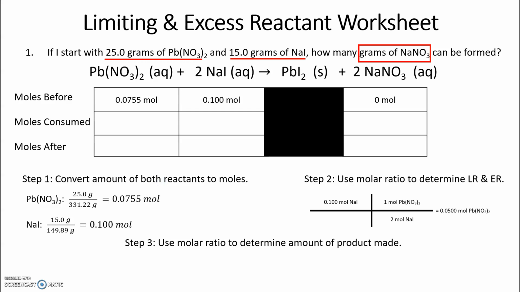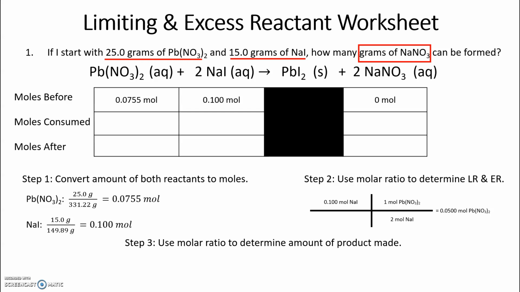Our next step is to use the molar ratio to determine limiting and excess reactant. So for me, I always like to try to take an educated guess at which reactant will run out first. So let's start with moles of sodium iodide and convert that to moles of lead nitrate. So when we do that, if we start out with our 0.1 moles of sodium iodide, we'll copy and paste that unit and substance down diagonally.